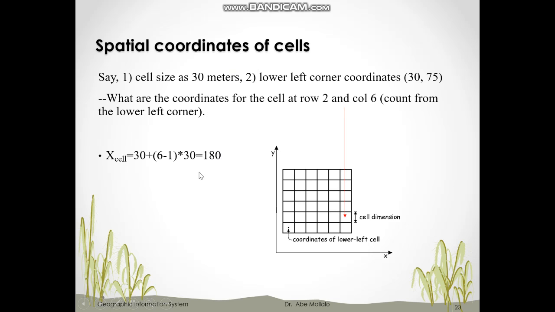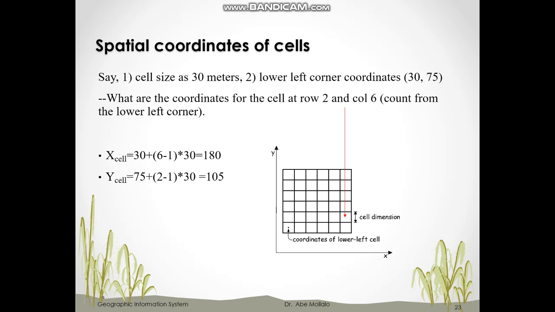So it gives us an x coordinate for this location of 180, and for the y coordinate, it's going to be y for the lower left, which is 75, plus row number minus 1, which is 2 minus 1, times the cell size, which is 30, which gives us 105. So we can have the x coordinate and y coordinate for all of the cells in the raster.